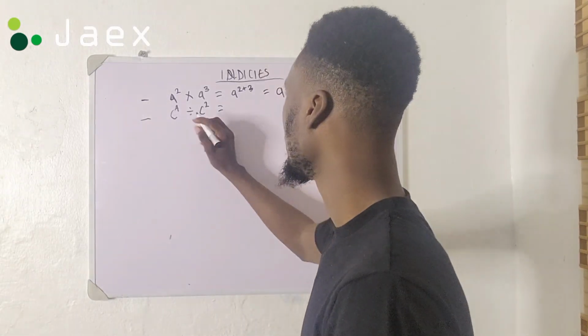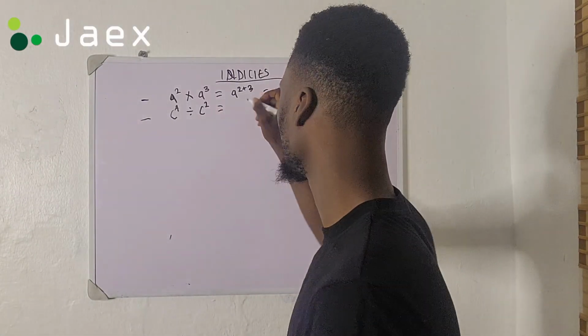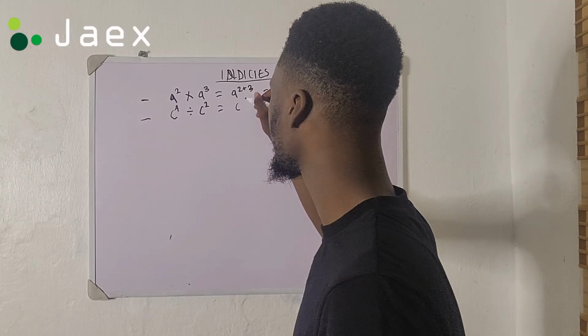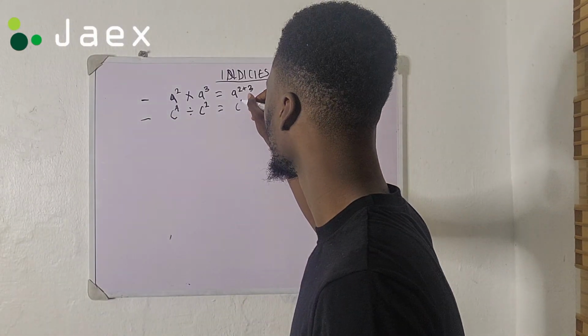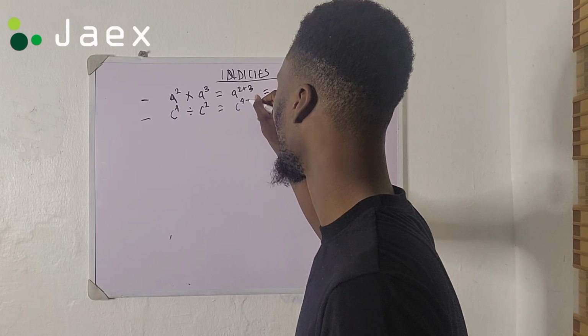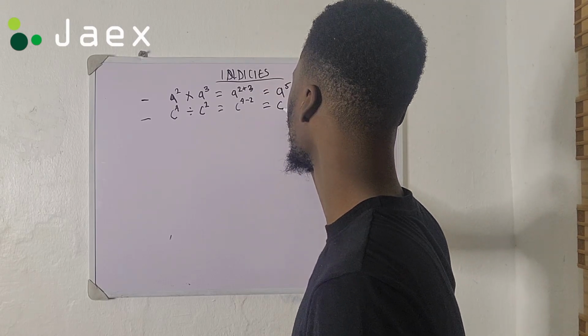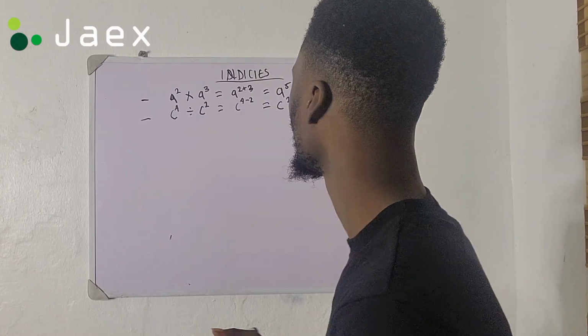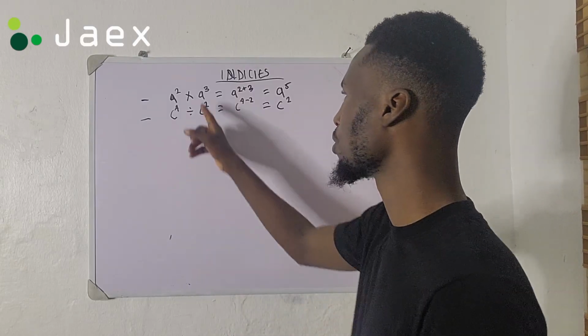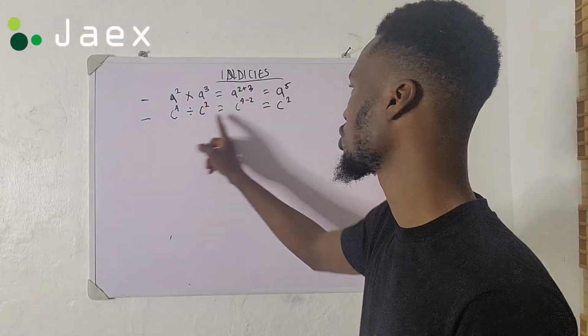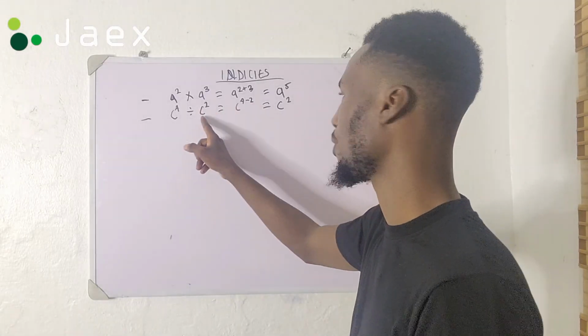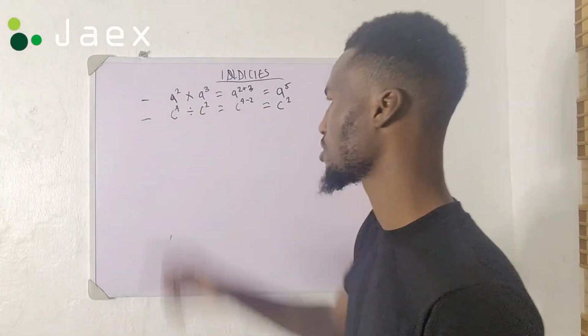If you are dividing these numbers, to work with the power, you do c raised to the power 4 minus 2, which is equal to c raised to the power 2. So now, for multiplication, remember we add the powers, while for division we subtract the powers of both alphabets.